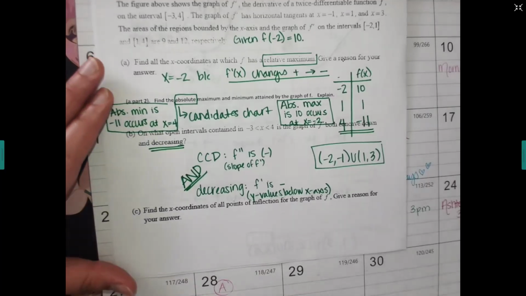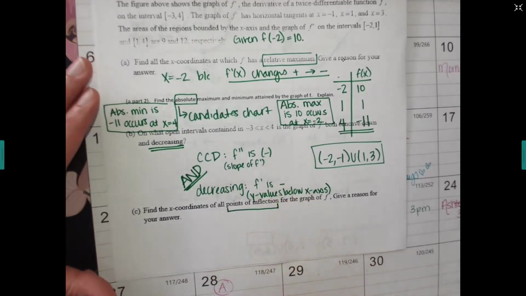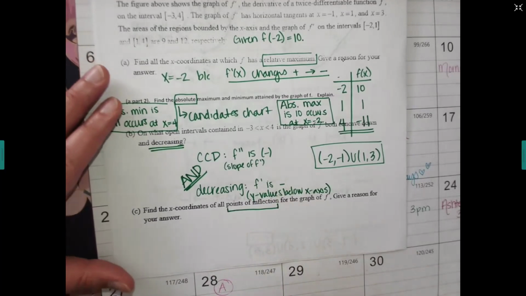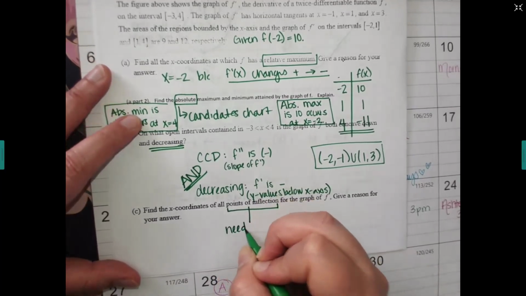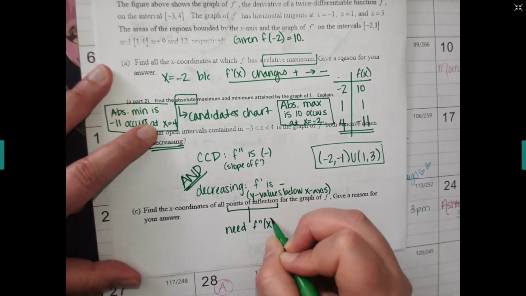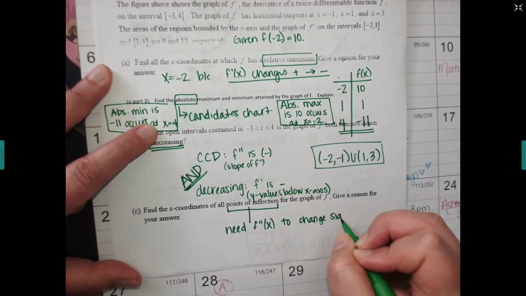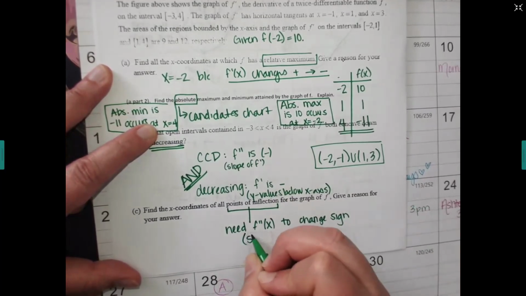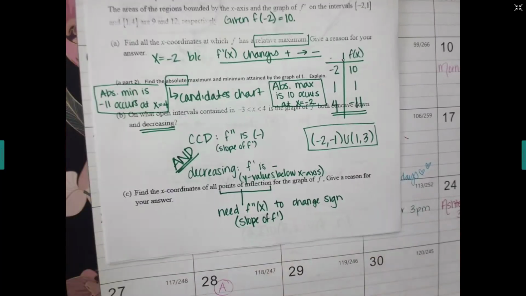Okay, last part asks for points of inflection. Points of inflection are when which derivative changes sign, first or second? We need the second derivative to change sign. And then what feature is that on this graph? The slope. Okay, so I'm going to put here, I need the second derivative to change sign, but I know on this picture, that's going to be the slope.